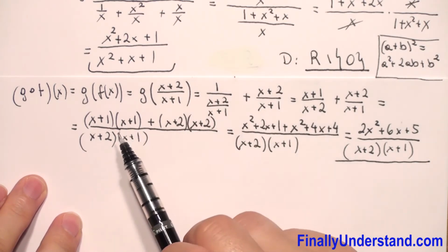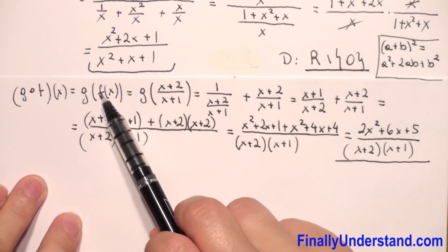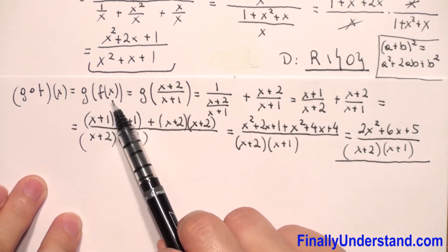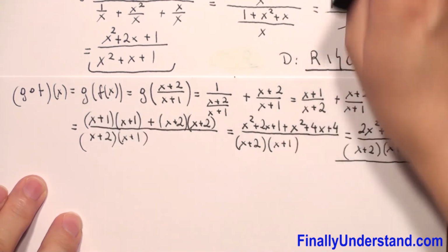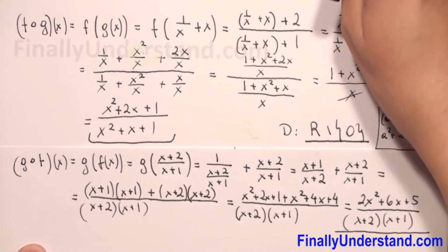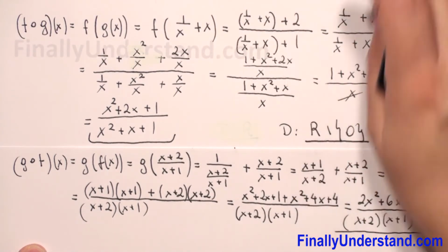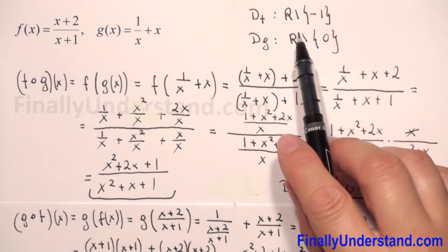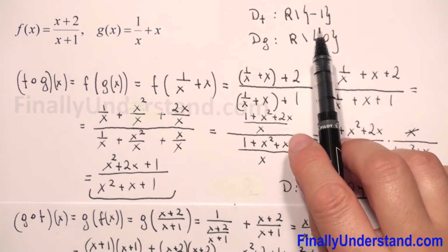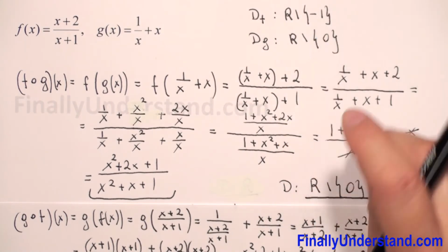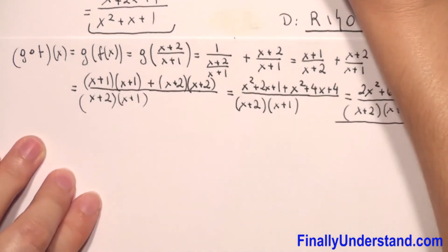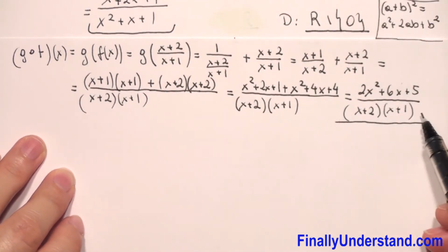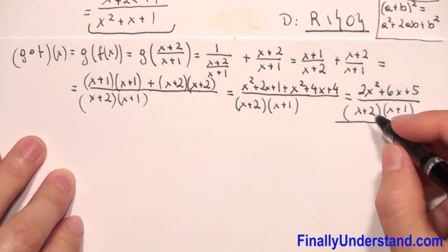Like before, first we check the domain, because we have g of f of x. So we have to look at the domain of our f function. The domain was all real numbers excluded -1. So we have to exclude -1. And now we have to check for this function when this denominator will be 0.